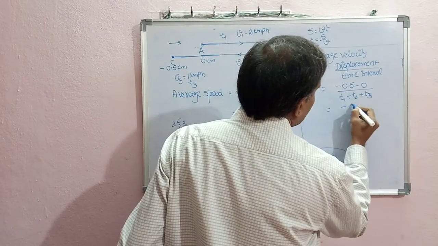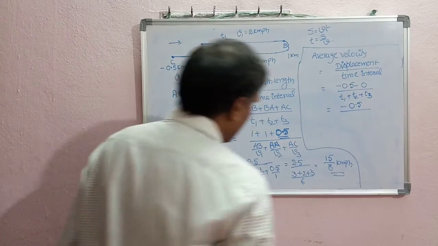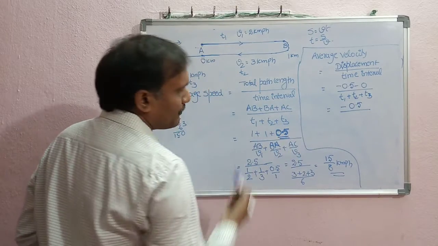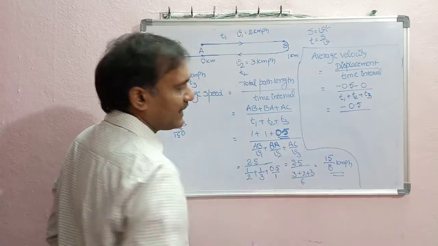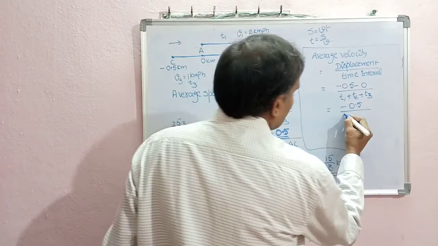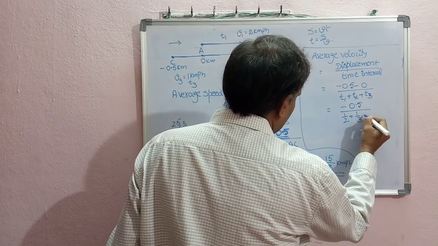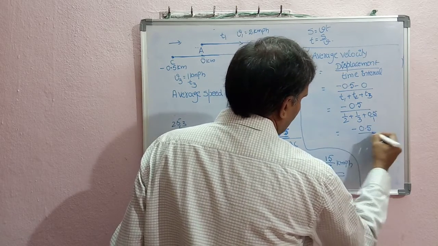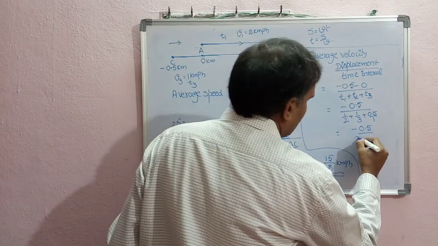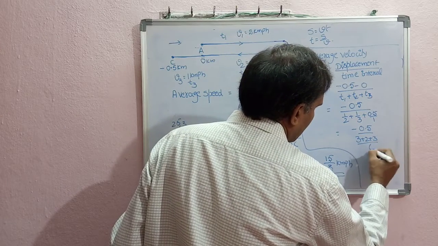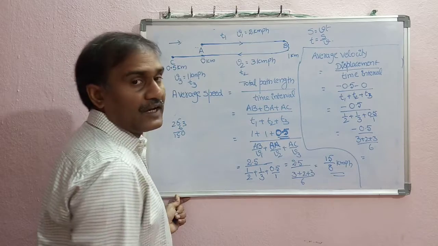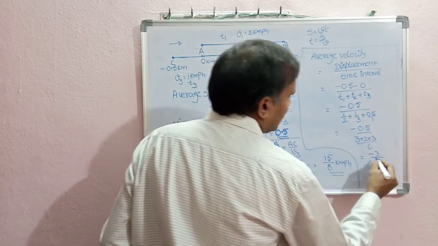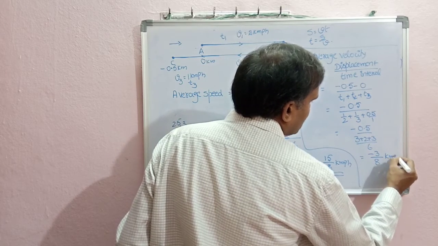This is equal to minus 0.5 whole divided by T1, nothing but AB divided by V1, T2, nothing but BA divided by V2, T3, nothing but AC divided by V3. Therefore, it becomes 1 by 2 plus 1 by 3 plus 0.5 divided by 1. It is equal to minus 0.5 divided by 3 plus 2 plus 3 divided by 6. 6 into 0.5 is 3, divided by 3 plus 2, 5 plus 3, 8. So minus 3 by 8 kilometers per hour.